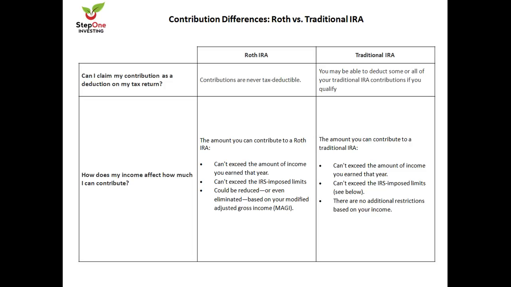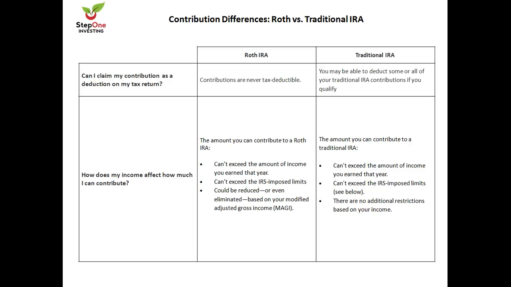However, there is one major difference related to the Roth IRA, and that is that if your income reaches a certain limit, you might only be eligible to contribute a reduced amount, or you actually may not even be eligible to fund a Roth IRA that year. So in the chart here, that is what is meant by what we say could be reduced or even eliminated based on your modified adjusted gross income, based on your income.